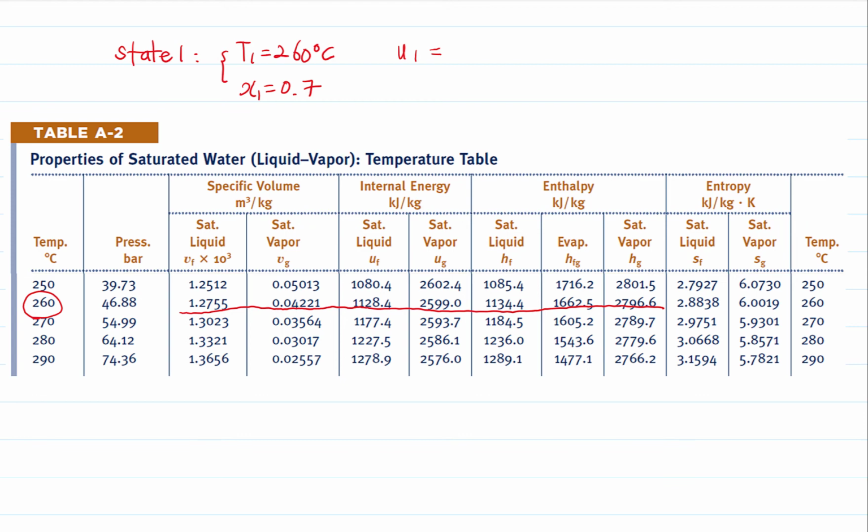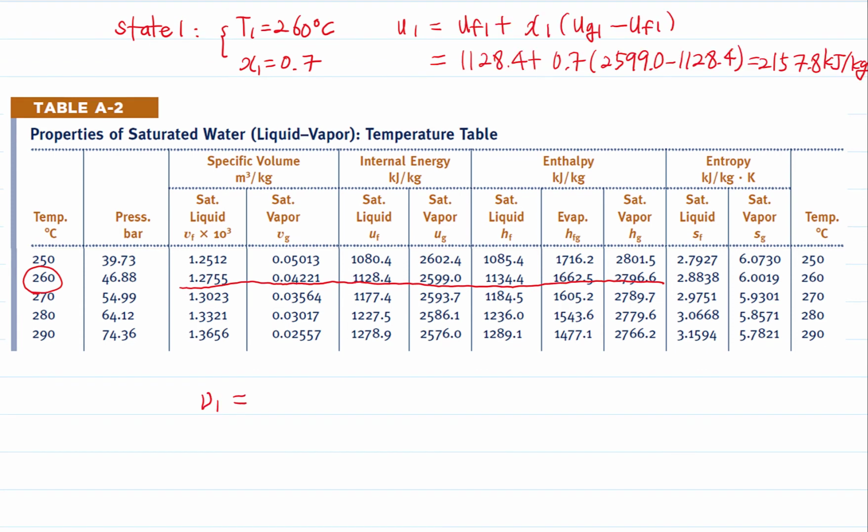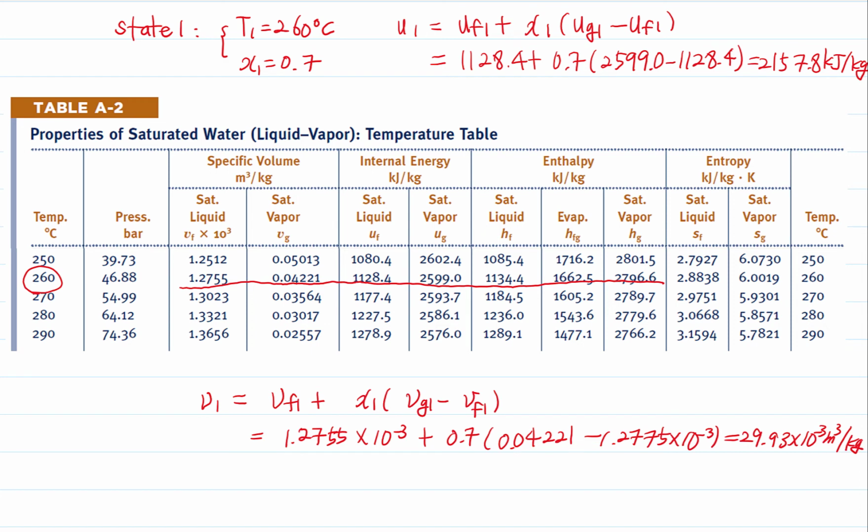The internal energy at state 1 can be calculated based on the quality at 260 degrees Celsius, and the specific volume can also be calculated based on the quality. The specific volume is defined as the volume over mass, so from these relations, we can determine the mass at the initial conditions.